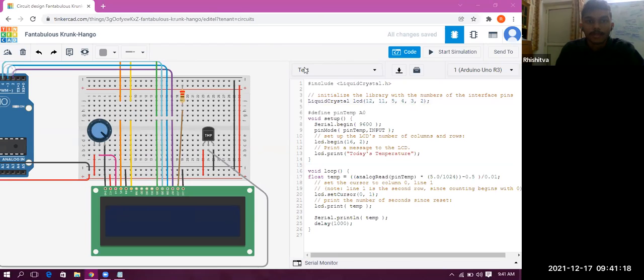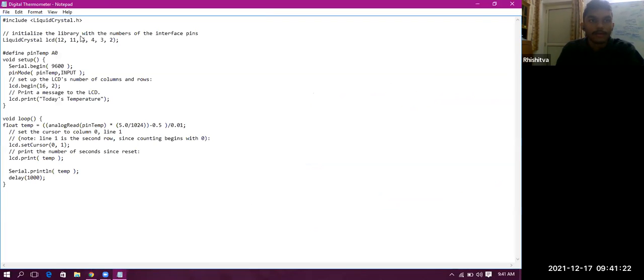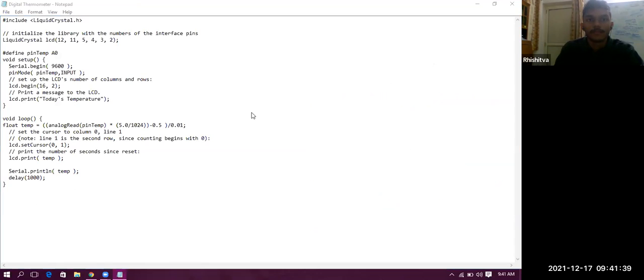Sir, can you share the code again? Okay, I will share it. You can take the screenshot again, students. I don't think there is any other mode of sharing this with you. So you can just take a screenshot and consult, okay? How do you zoom your screen?